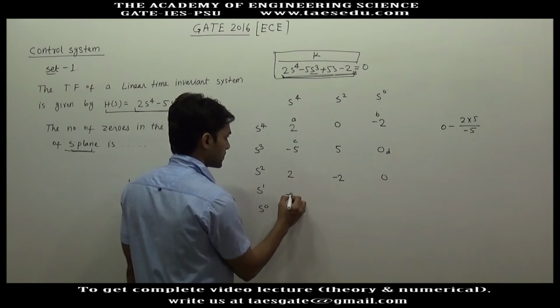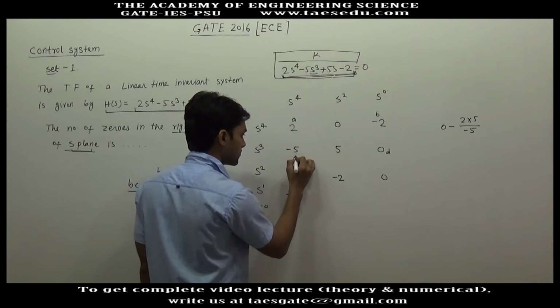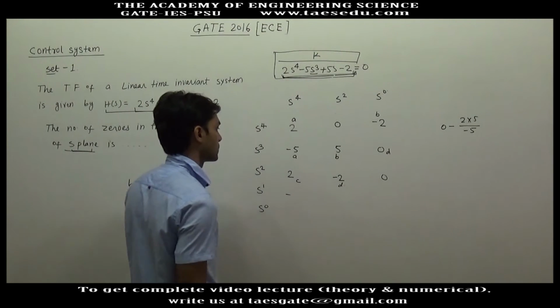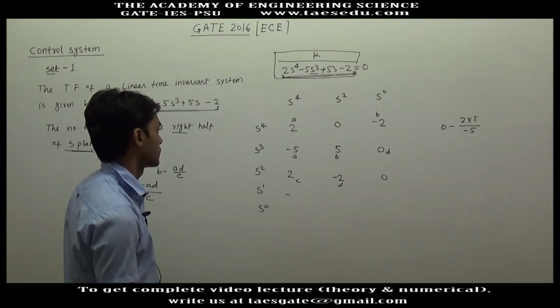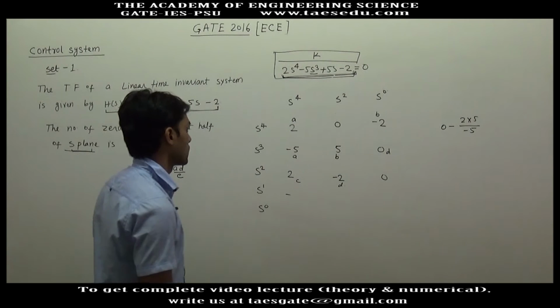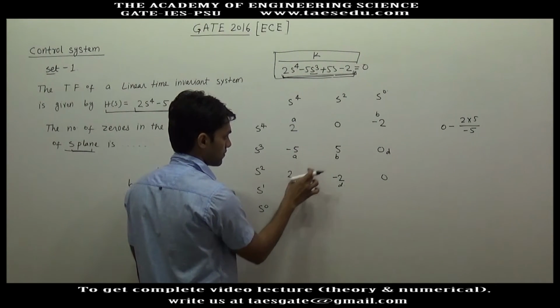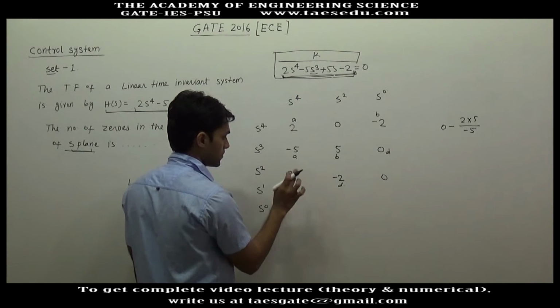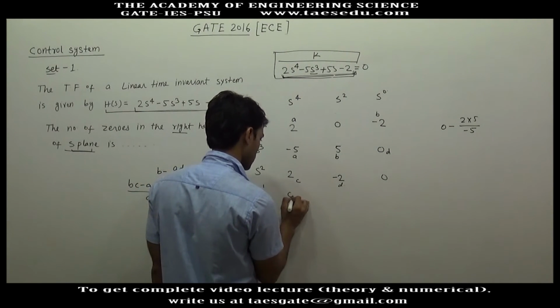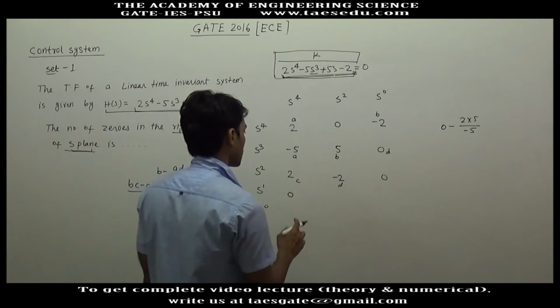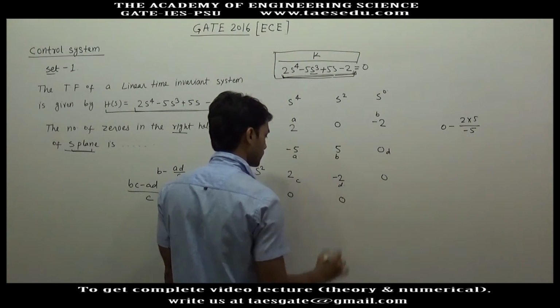Now to find this, this will be a, b, c, and d. So (bc minus ad) by c, (10 minus 10) divided by 2, this will give you 0, and here again you will get 0.